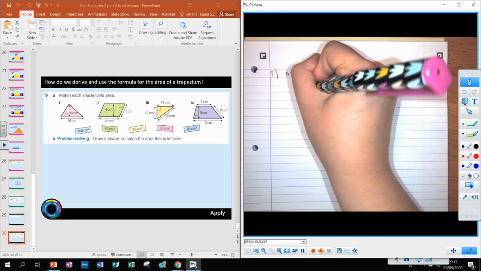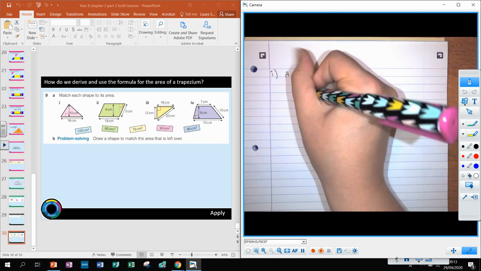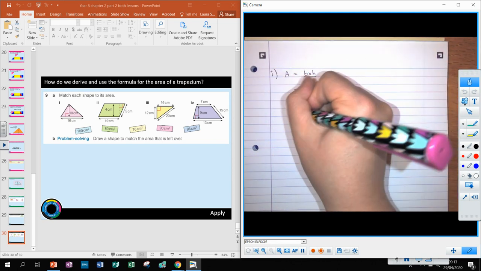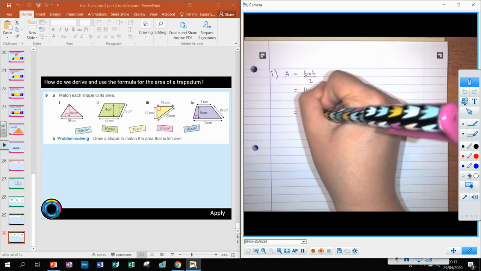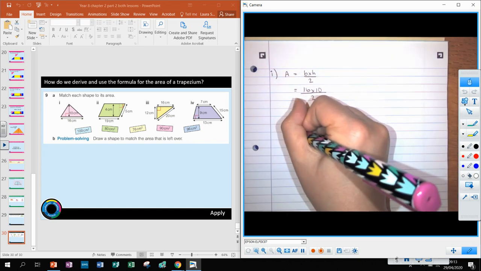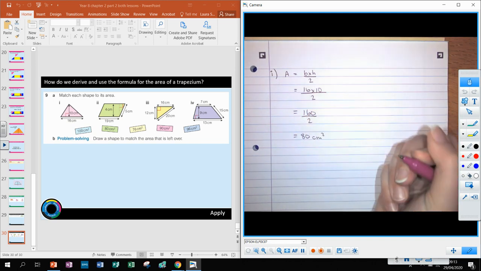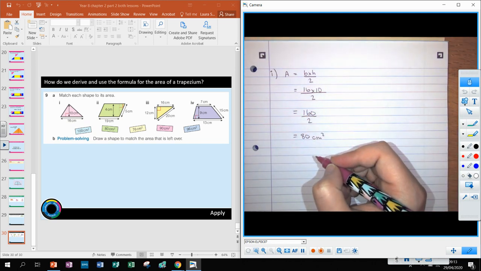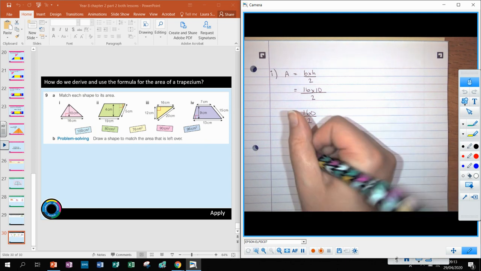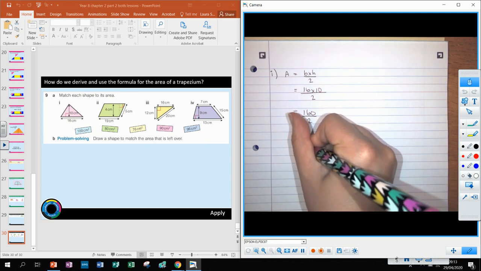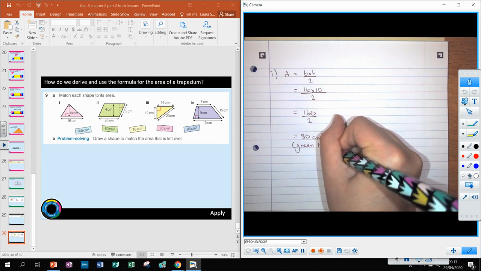Our base was 16, and our height was 10, and we are dividing that by 2. That's going to give us 160 divided by 2, which is 80. And in this case, that's centimeters squared. So I know that that's the green box. So the first one was the green box. Hopefully you got that.